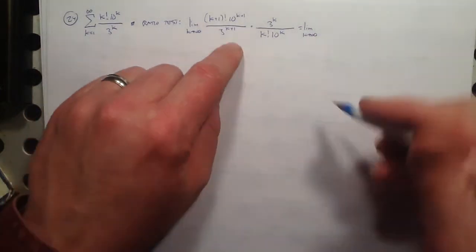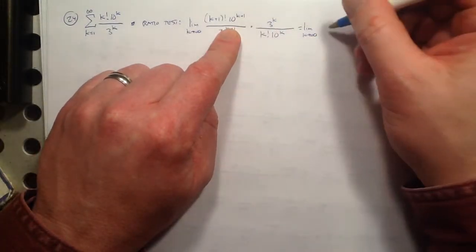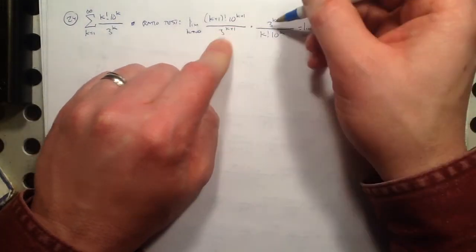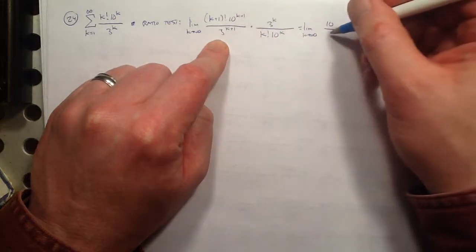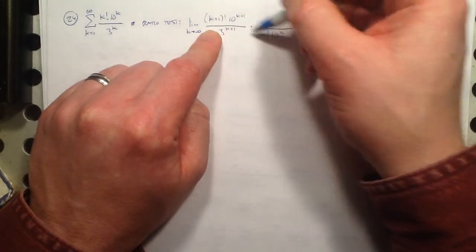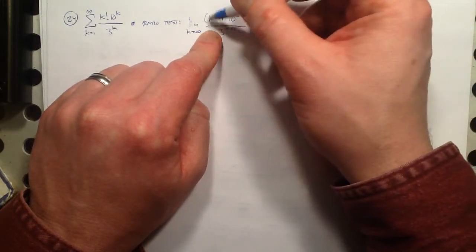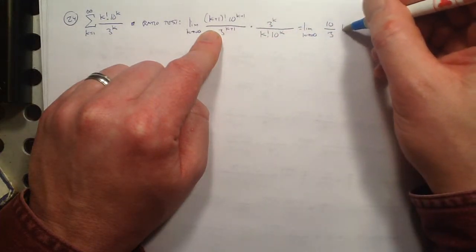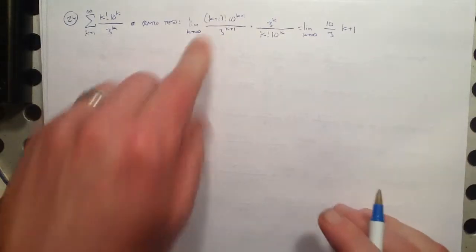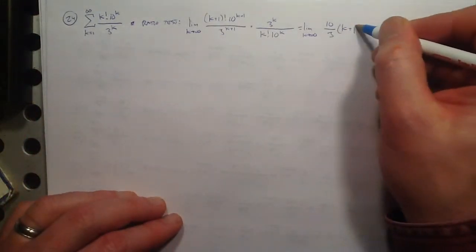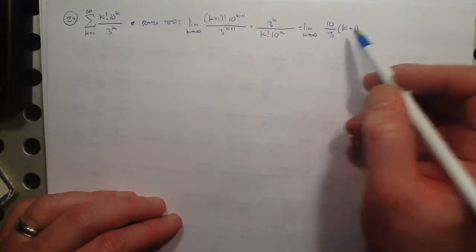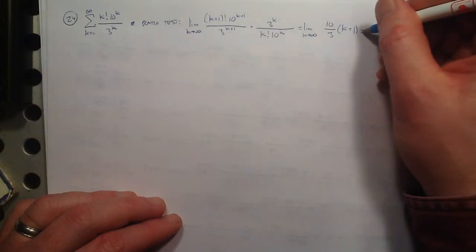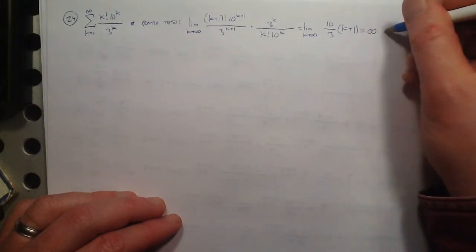Now let's see what we can cancel out. Looks like I have an extra 10 on the top, an extra 3 on the bottom, and then with the factorials I have a k plus 1 left on the top after everything else cancels out. And as k goes to infinity, 10/3 times infinity plus 1, yeah, not going to happen, so that's diverging.